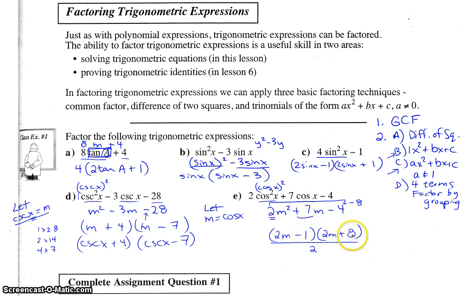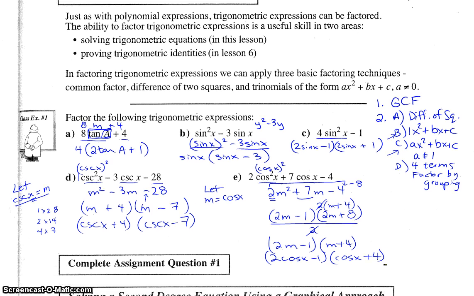But here, 2m plus 8, that's sort of like saying 2m plus 4 if we factor out the 2, and the 2's can go. There we go, we're left with 2m minus 1 times m plus 4. Oh, but we weren't working with m's, were we? So it's 2 cosine x minus 1 and cosine x plus 4. And there we go, nicely factored.